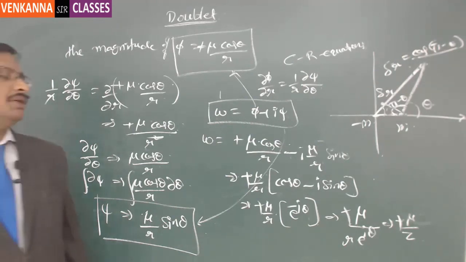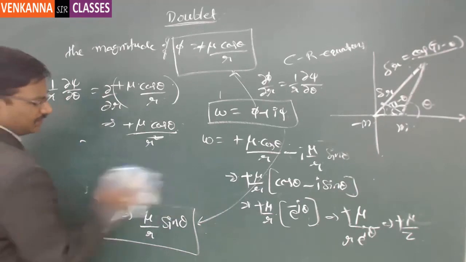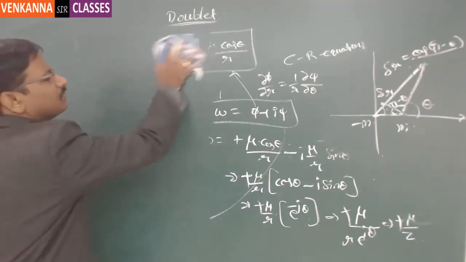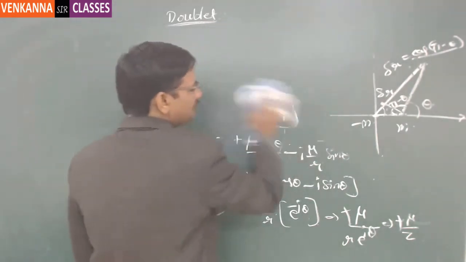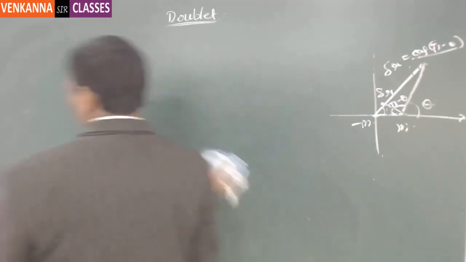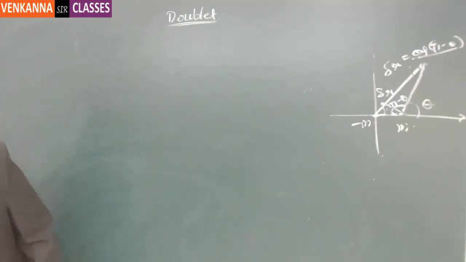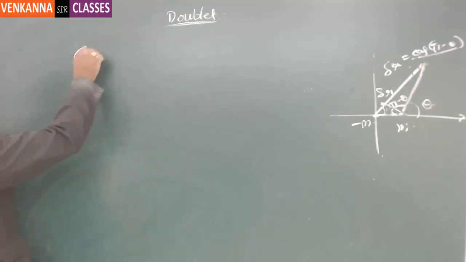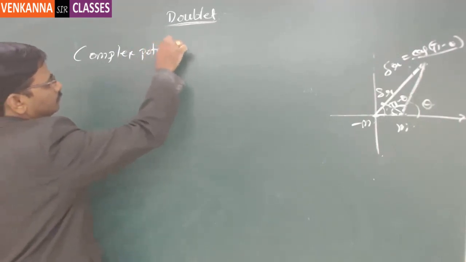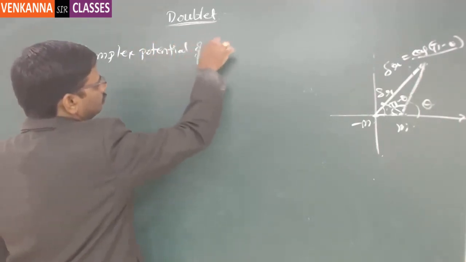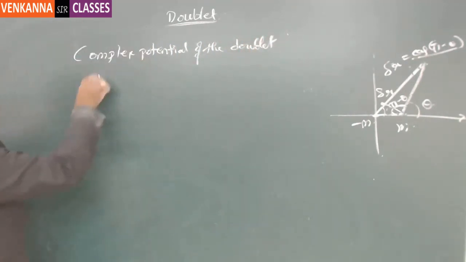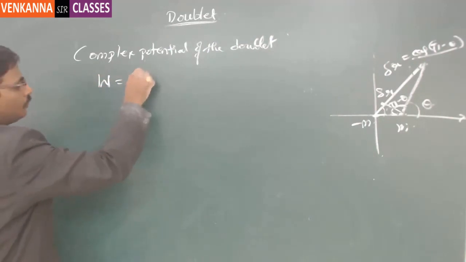So this is about the doublet. The essential thing we need to remember is that mu is the strength of the doublet, and mu by z is the complex potential of the doublet. W is equal to mu by z.